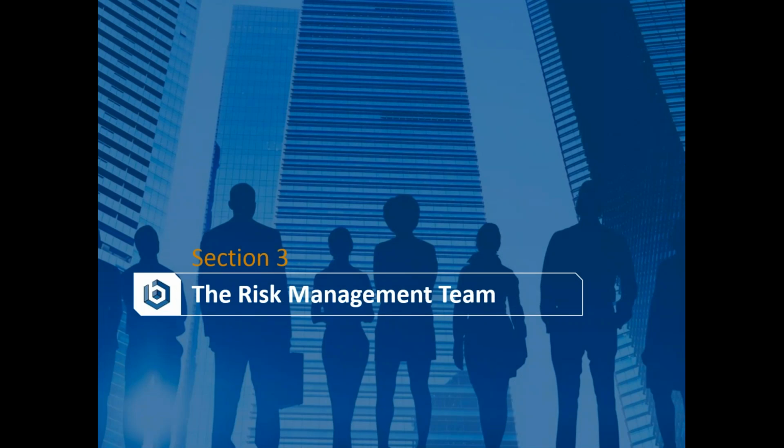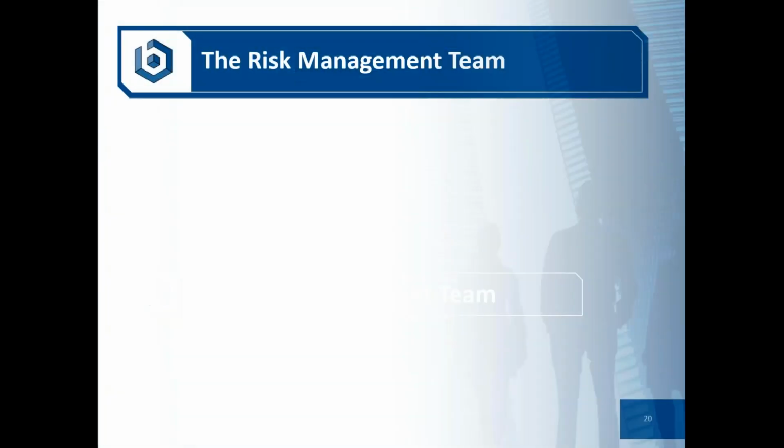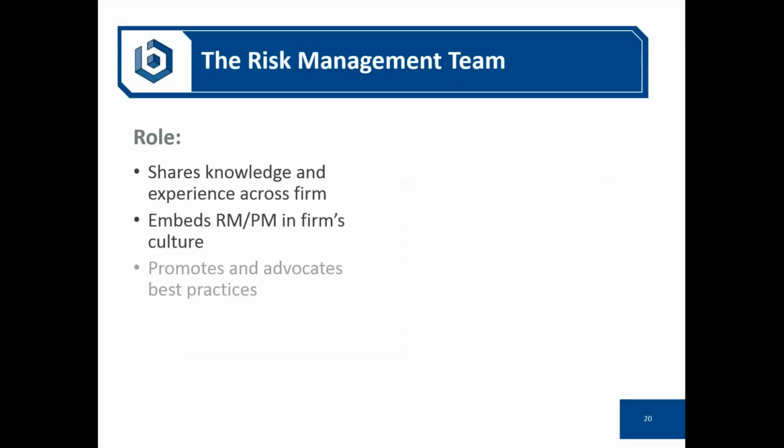So let's talk about ways that you can be a better risk manager at your firm. And the first thing I'd like you to think about is a risk management team. A core group of people that are focused on these issues, no matter what types of projects they work on or what type of discipline they have. So if you're a larger firm with multiple disciplines and multiple markets, this is a way of getting a lead person from each of those to share knowledge and experience across the firm.